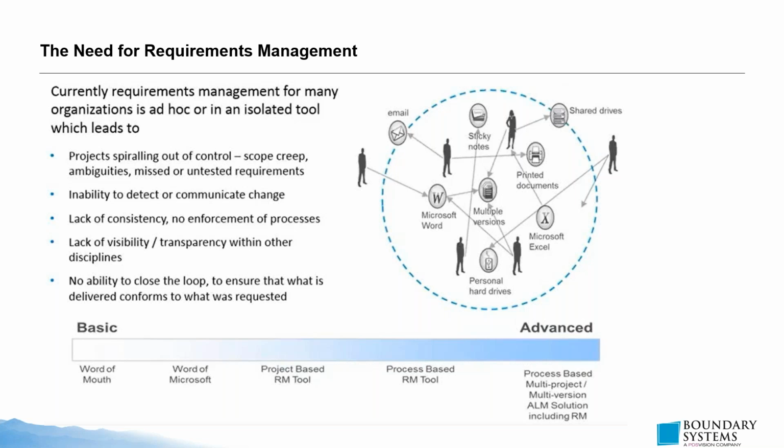Shown on the slide here is how requirements are currently stored in most companies. We have requirements stored in sticky notes, and some in emails, Excel files, personal drives, and so on.